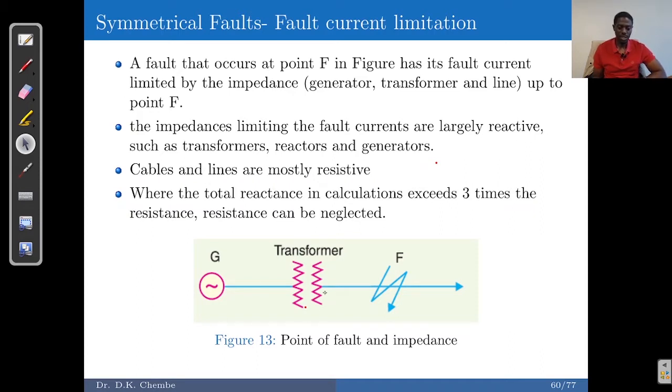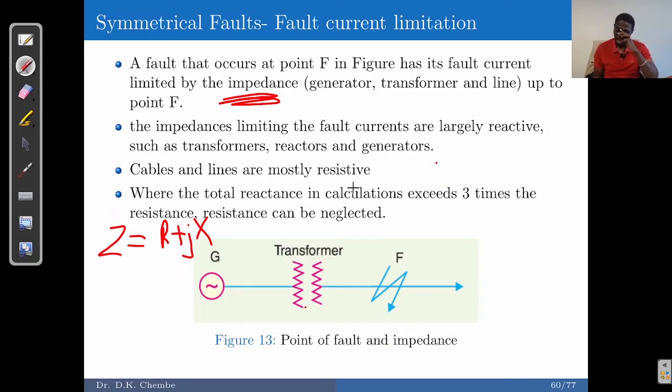Firstly, you need to understand that the system impedance is a combination of the resistance plus the reactance. In a system, what limits the fault current? The impedance in generators, in transformers, and in the lines will limit the current.